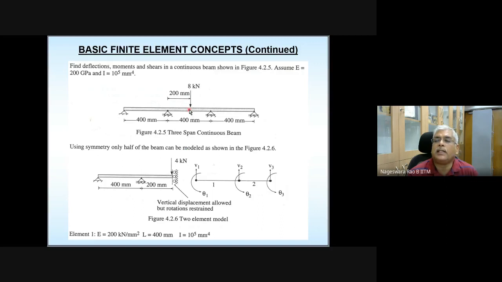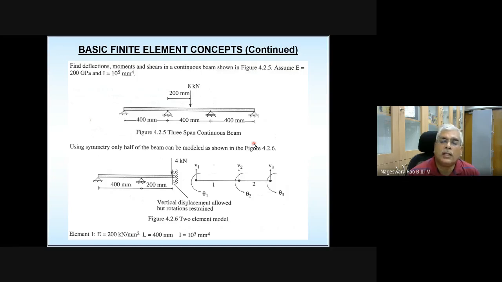Theta 3: based on your structural analysis concepts, you should be able to tell me whether theta 3 is going to be 0 or not. At this stage, if you don't know, or even if you know and want to check whether finite element gives you that value, you can assume it is unknown, and theta 4 is not 0, theta 5 is not 0.